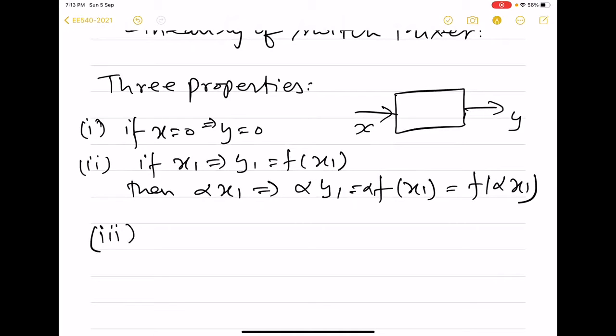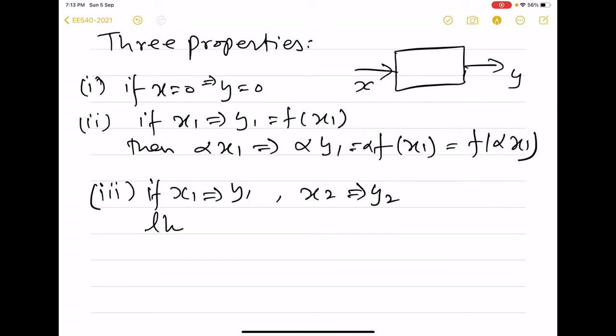And third is that if X1 implies Y1 and X2 implies Y2, then a linear combination of these two inputs should imply a linear combination of their corresponding outputs.